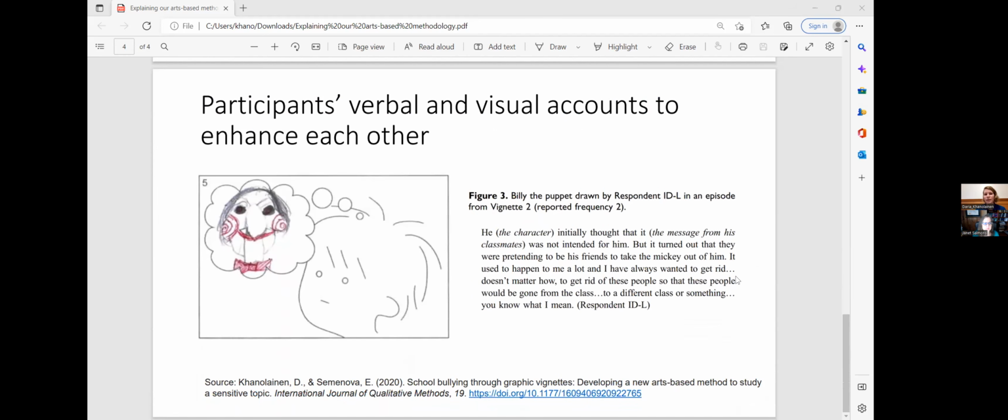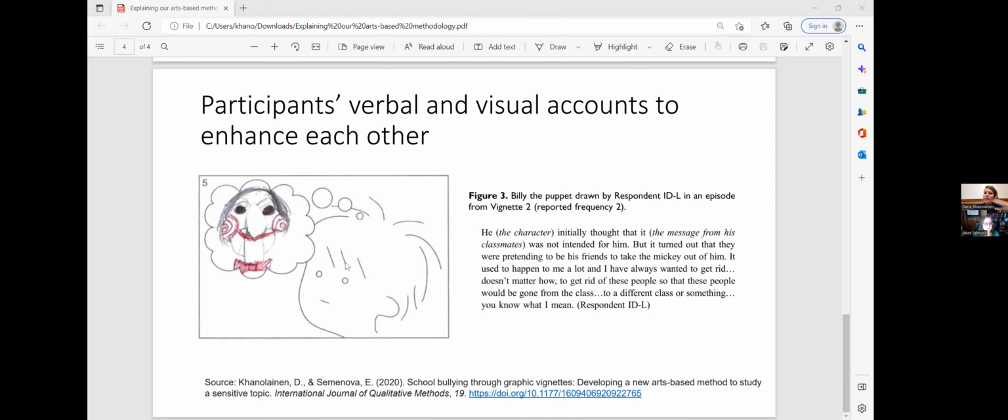Yes, here is an example of how verbal and visual accounts enhance each other. This specific participant created this visual, and here is a quote that accompanied it. If you're just listening to what this participant was saying, there is not that much that is concerning.